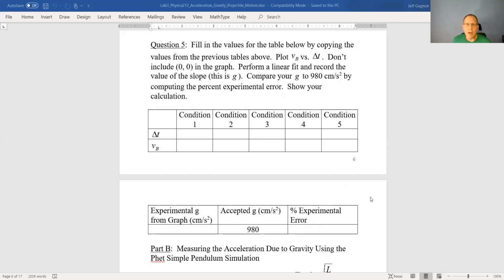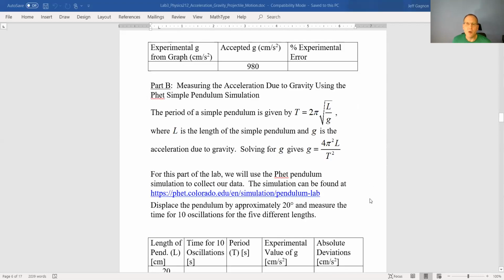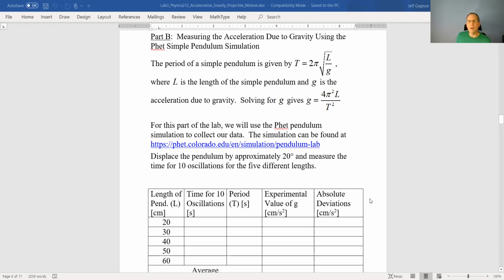Okay, the next part, we're going to measure g a different way. We're going to measure it by recording the period and length of a simple pendulum. So we're going to use the same simulation that we used in lab 0. Remember lab 0, we looked at a simple pendulum. Here's the basic idea. It turns out the period of a simple pendulum, remember the period is the time for one oscillation, is given by this formula.